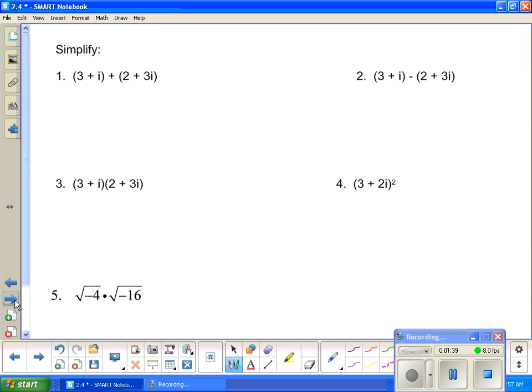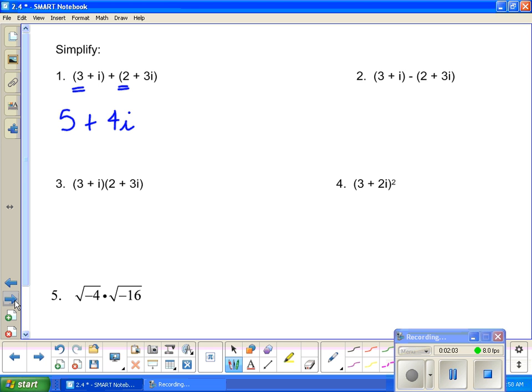Let's work with them. We work with i's the same way that we work with any polynomials that we deal with. First, when we simplify, we're going to add the real numbers, 5, and then I have 1i plus 3i plus 4i.